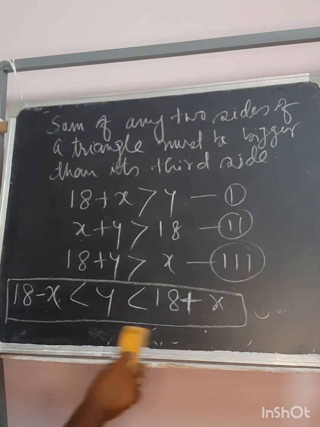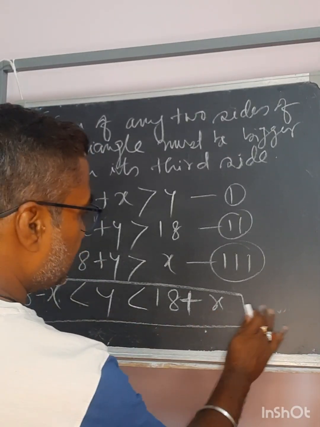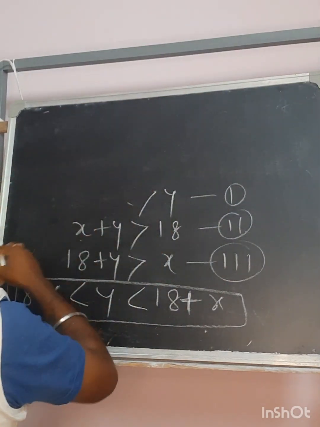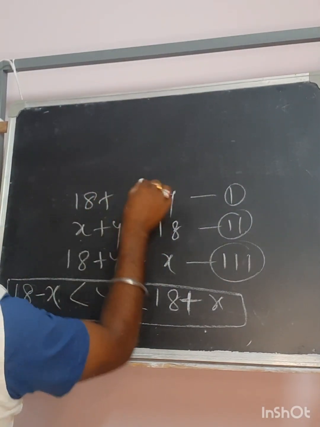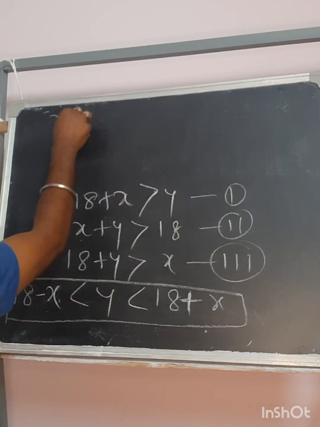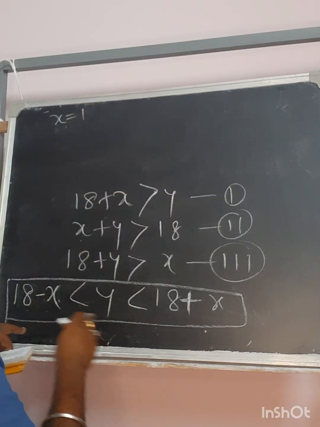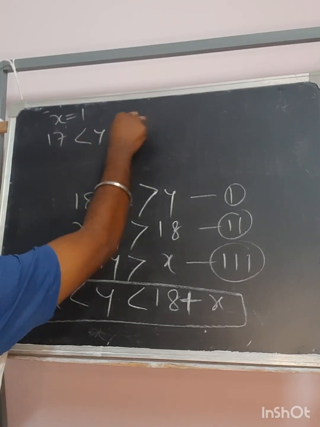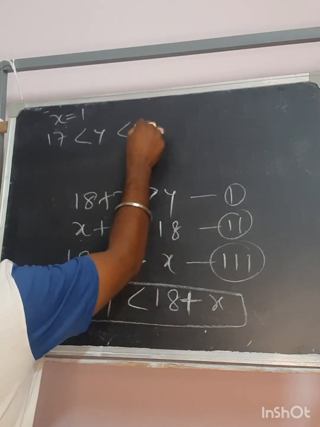Let's see. Putting x equal to 1 in 18 minus x less than y less than 18 plus x, I get 17 less than y less than 19.